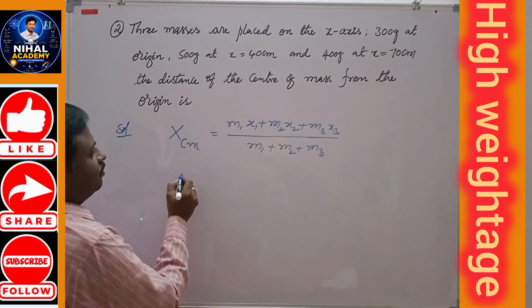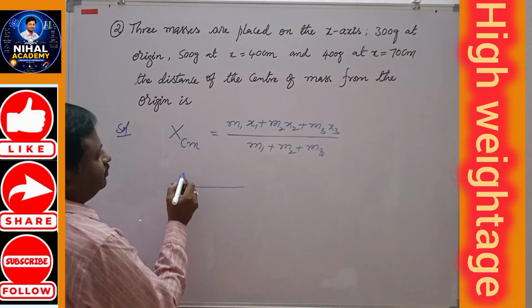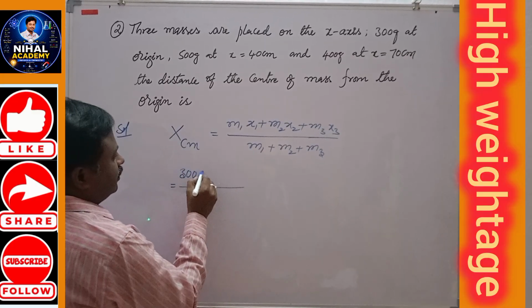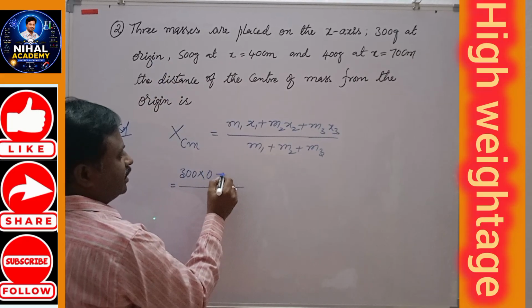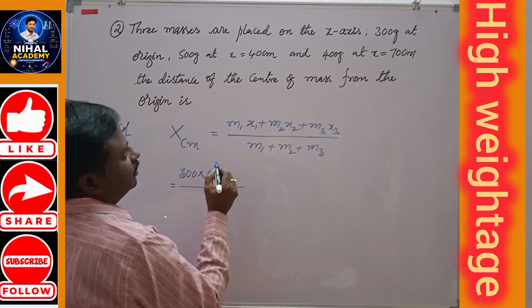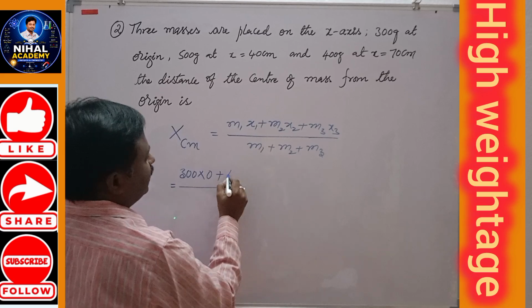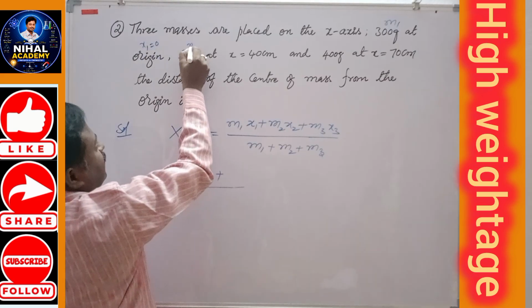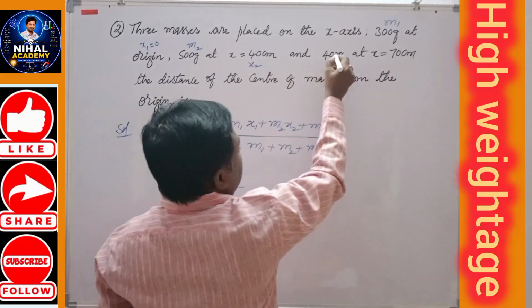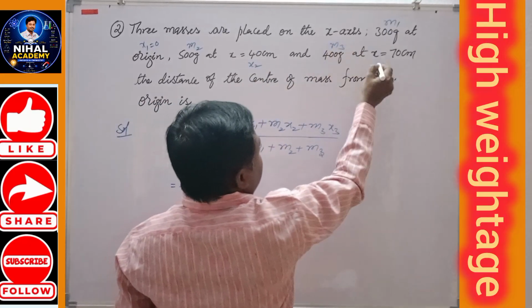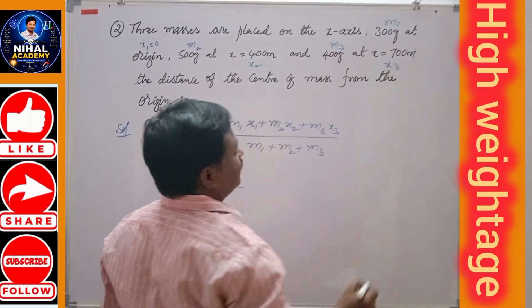Now m1 is 300, into the origin, that is x1 equal to 0, and this is m2, and this is the point x2, and this is m3, and this is x3.